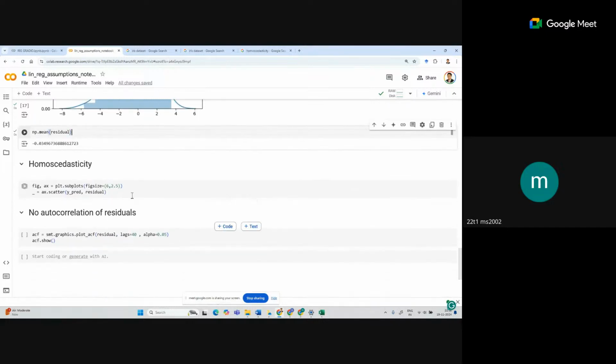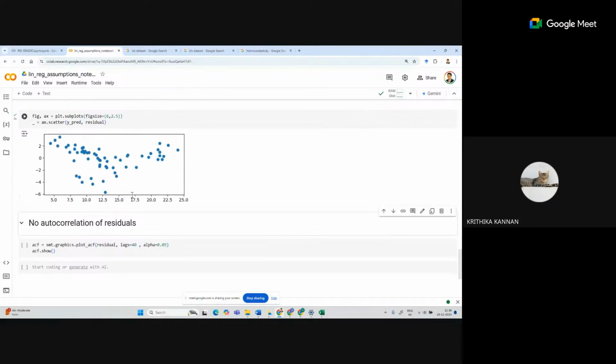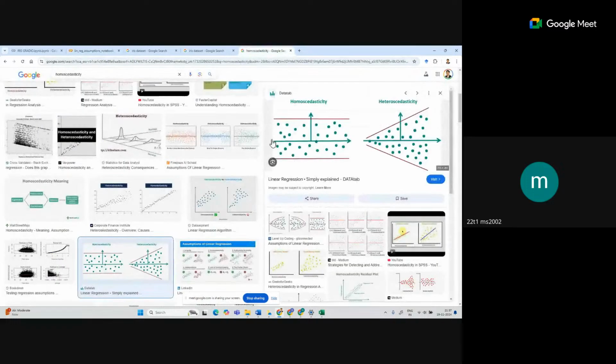What is homoscedasticity? Constant variance of the error terms. Okay, so what is the x-axis here? X-axis is your fitted values, your predicted values, and y-axis is your residuals. When you plot them, do you see any evident pattern?